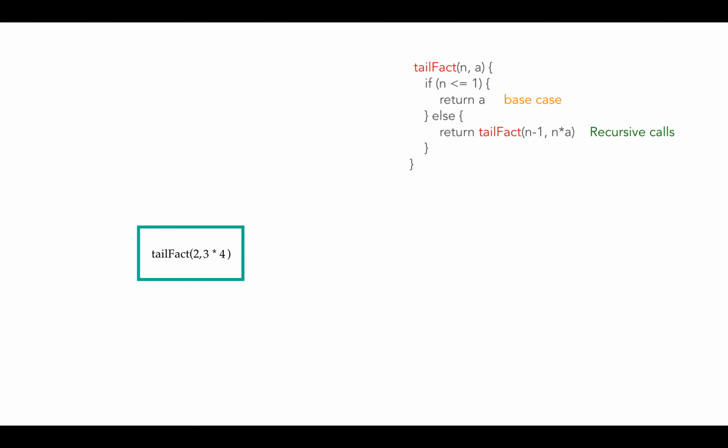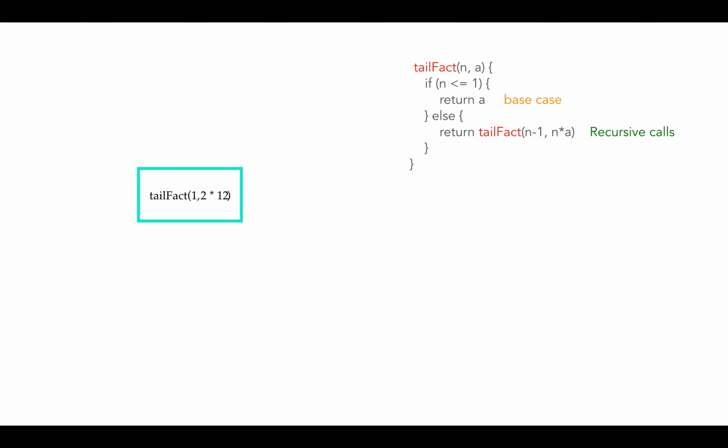So it again calls itself with n minus 1, which is 2, and accumulator, which is n multiplied by a. In the last execution, the accumulator was 4, so this time it becomes 3 multiplied by 4. So the new accumulator is now 12, for n equals 3. Again, it does not have to come back to this call, and this frame can be removed.